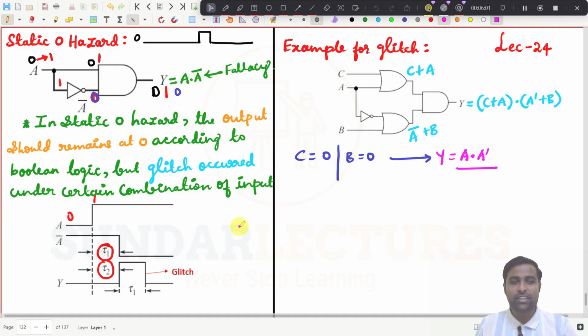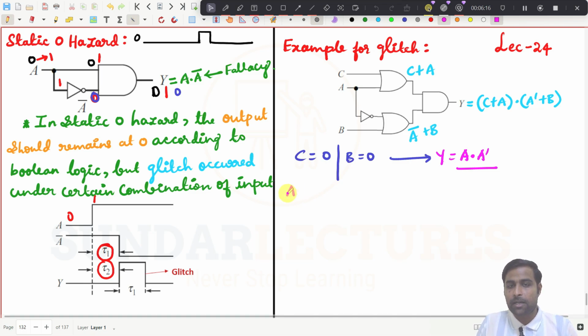So if a fallacy comes, then obviously, as we have seen, there is a glitch. That is called a static zero hazard. For example, the expected output is 0 and it goes to 1 and it comes to 0 again. So this is a static zero hazard, and it will come here because I have a fallacy equation here. When will this happen?